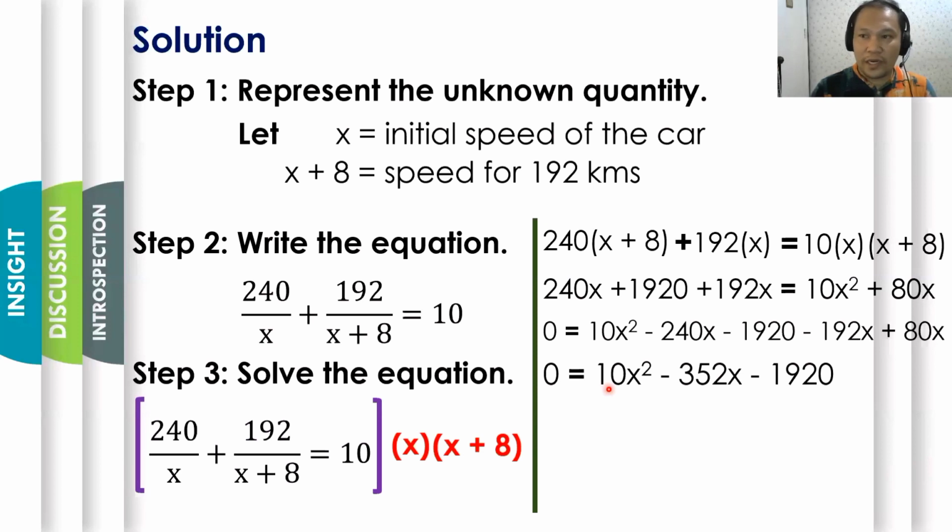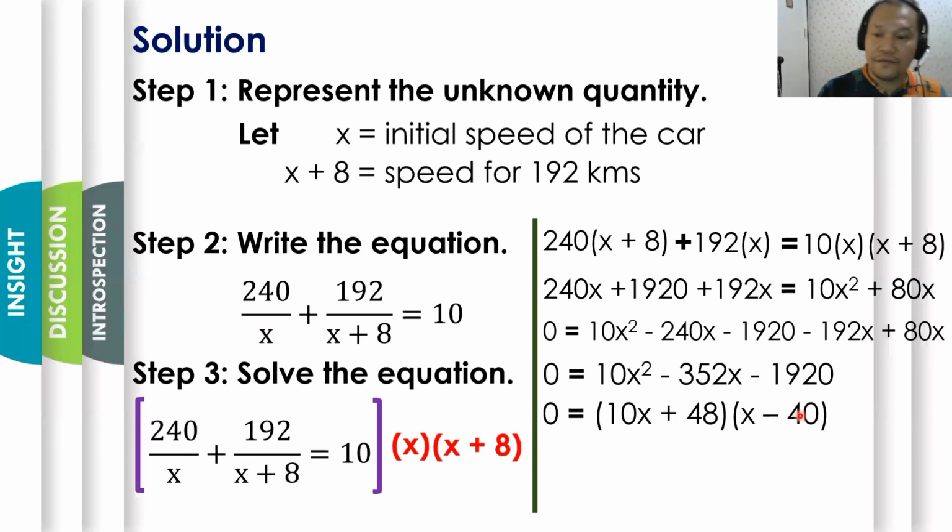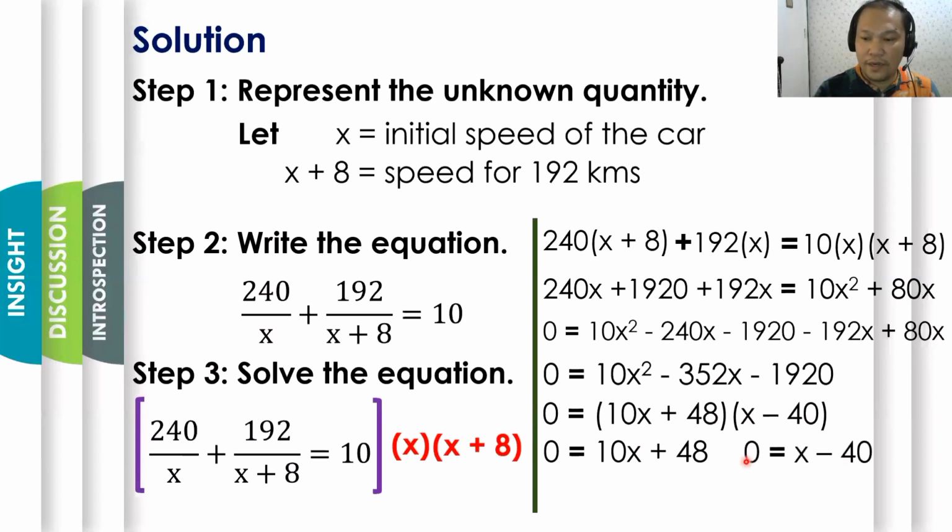You have to know the factors of 10, same with the factors of 1,920. Therefore, we have 10x plus 48 times x minus 40. Then apply now the zero property of equality, making it 0 is equal to 10x plus 48, and then 0 is equal to x minus 40.